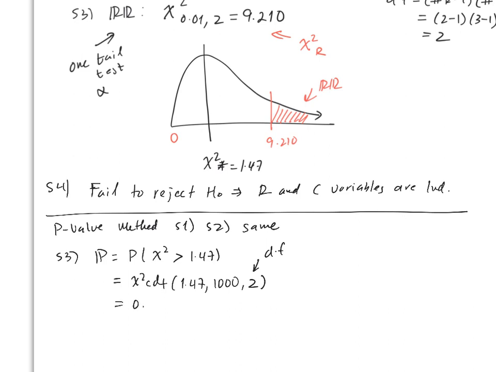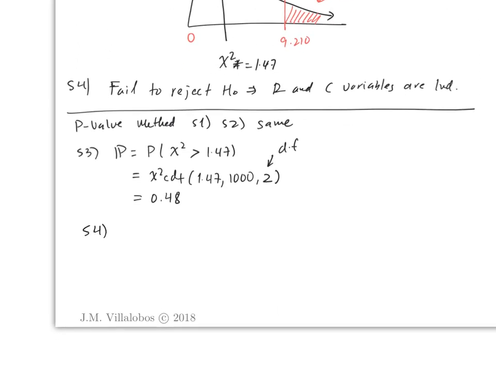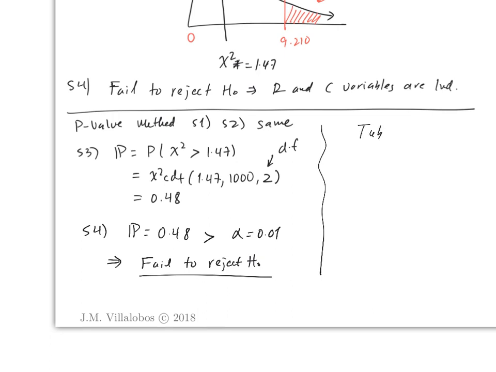This is around 0.48. The last step is to compare the p-value with alpha. This is clearly bigger, which means again fail to reject. You can also use the table and approximate the value in the same way we used the t-table or the chi-square table before. So it'll give you the exact same answer.